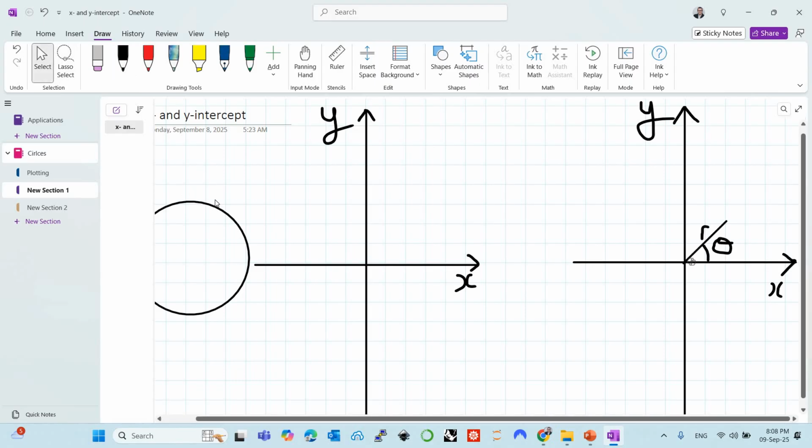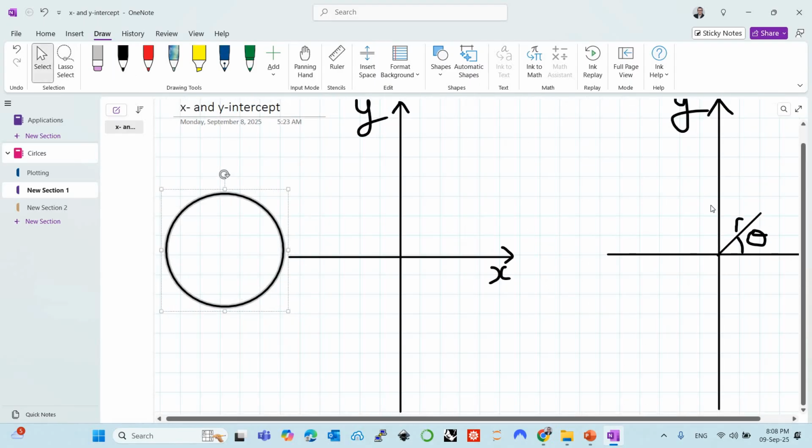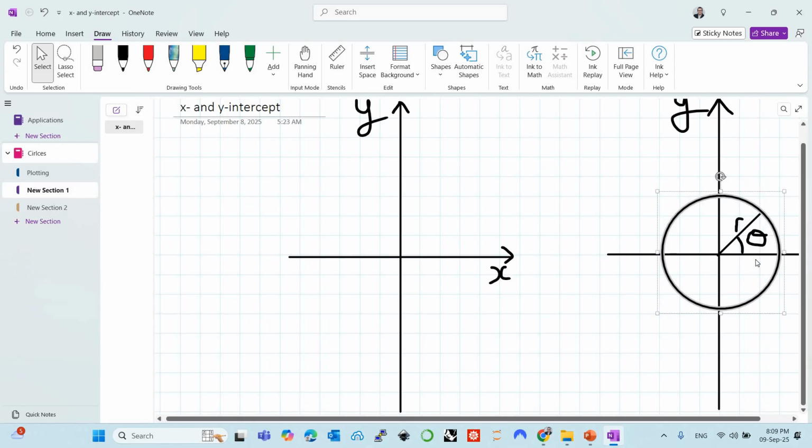So if you turn this radius, you will get a circle like this, and the radius of this circle will be r. The point is moving on the circle with angle theta.